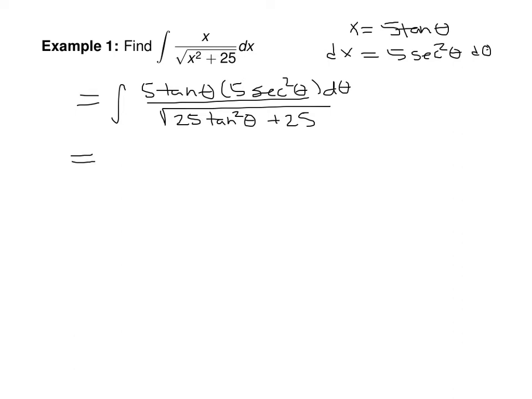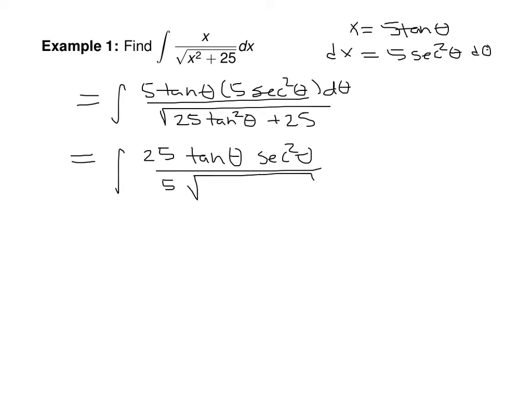So that gives us the integral of 25 tan theta multiplied by secant squared of theta divided by 5 times the root. We really have tangent squared plus 1 once we've factored out that 25, and that is equal to secant squared theta.